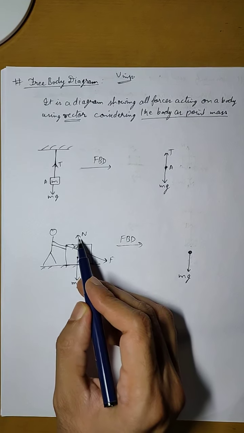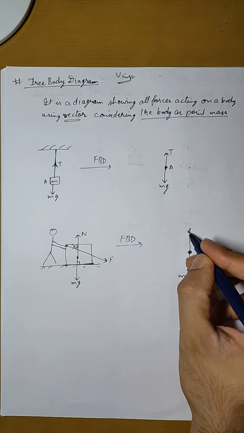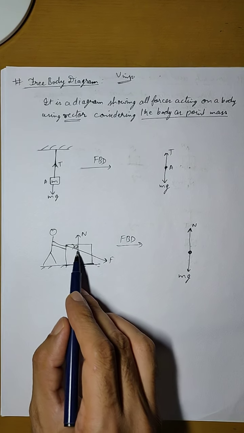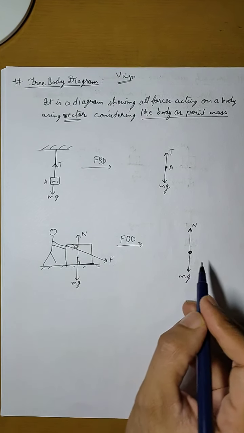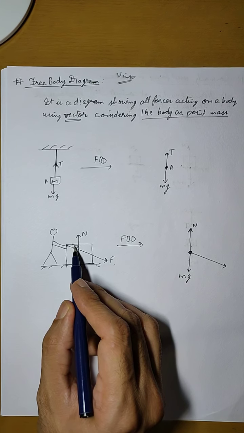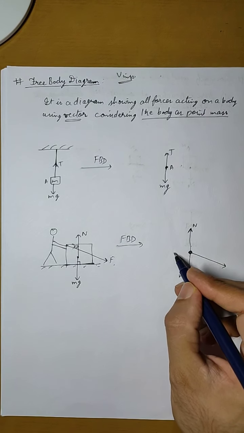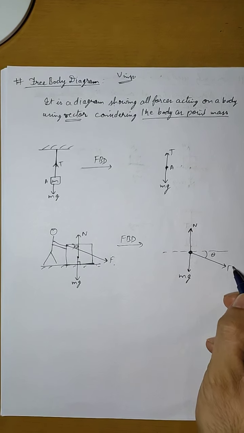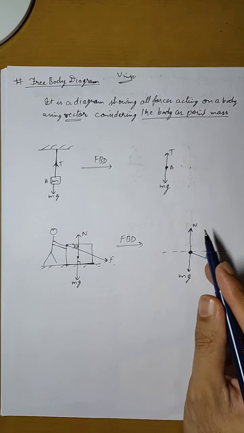Then N is in upward direction, so another vector in upward direction, which is N. Now this force is applied in this direction, so we can directly use this direction, and it is being applied at an angle theta with the horizontal. So if we draw the horizontal, this will be angle theta, this will be F. Now this will be the free body diagram.